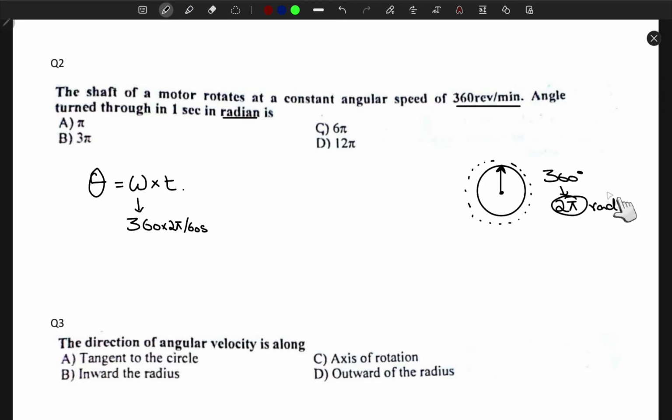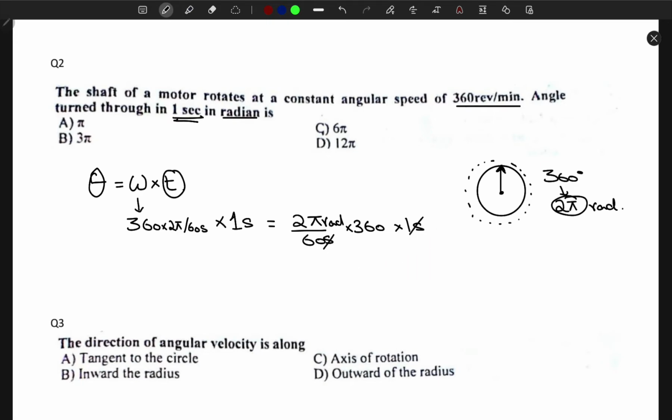right? So that's that. And so what we do from here is we have this thing, and in 1 second. So what's time? Time is just 1 second. So if you evaluate this, you get 2 pi by 60 seconds radians into 360 into 1 second.